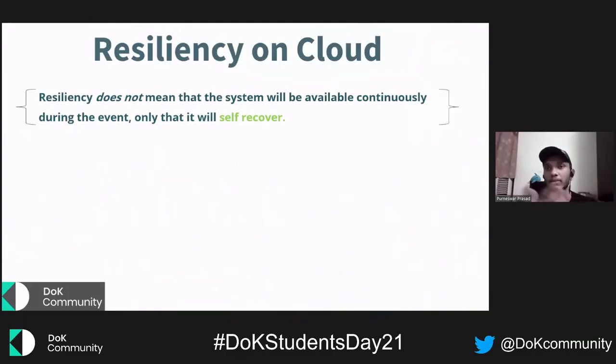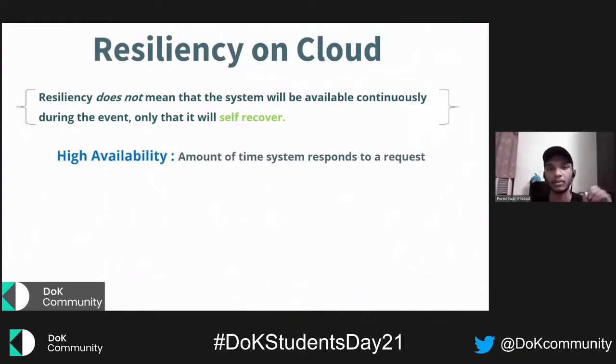Uptime is the time when the system keeps running, measured in percentages like 99% or 99.5%. Engineers give a term for this, called availability. The amount of time a system will respond to a request from a user is called availability. An engineer should always see that the system has high availability to be very resilient in such conditions.